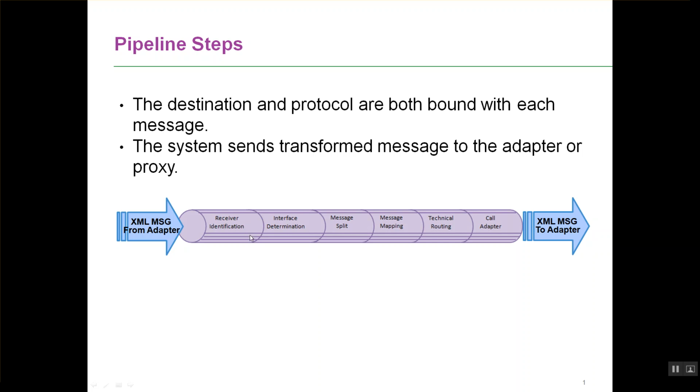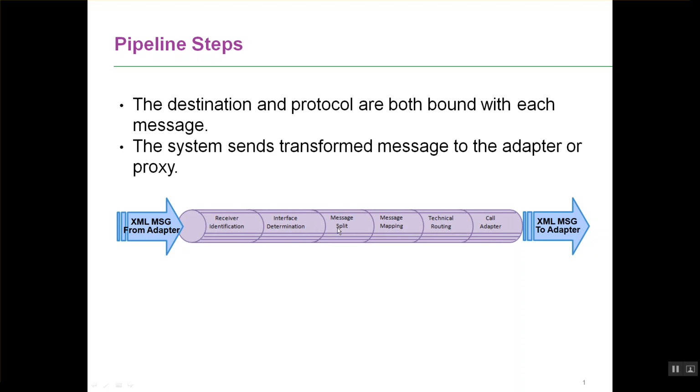Now for each receiver that has been identified, the interface determination step gets executed. If you remember, we created an object called interface determination. That object is going to get executed in the runtime, and now a message split can happen if your message has multiple inbound interfaces, or if the same message is to be passed to multiple mappings.